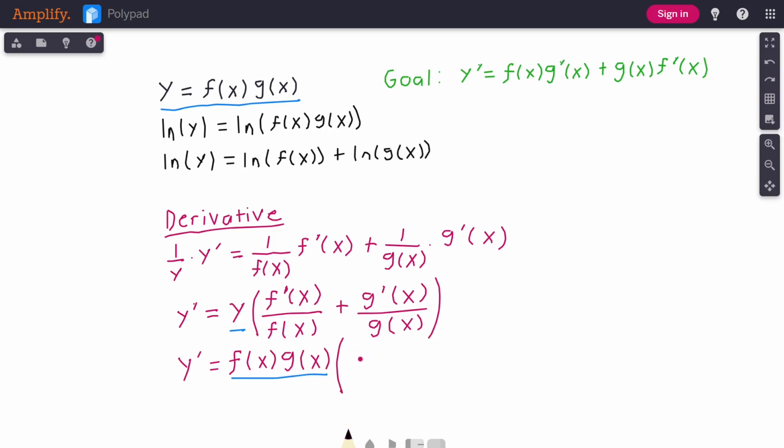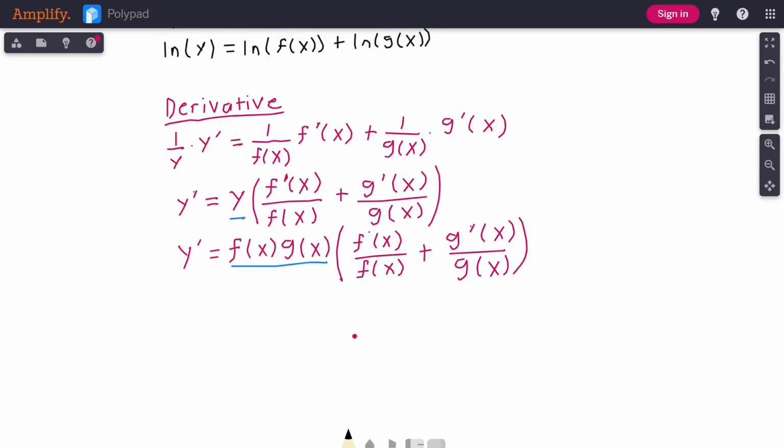And finally, the last step, we can distribute f of x times g of x into the parentheses.